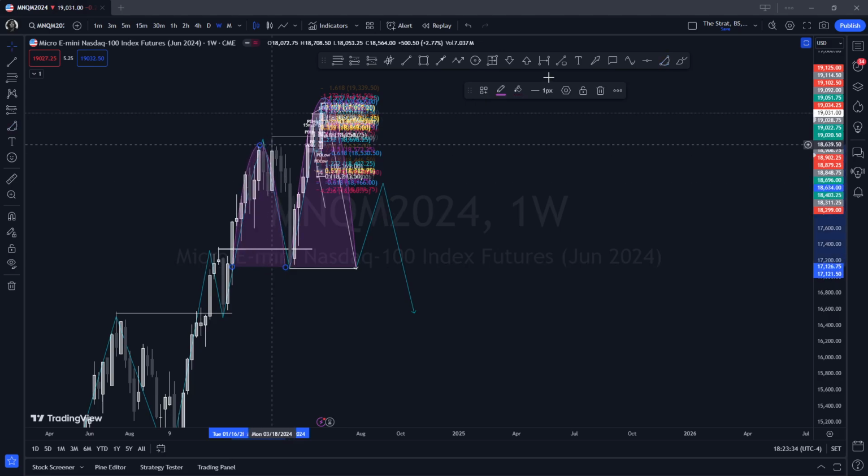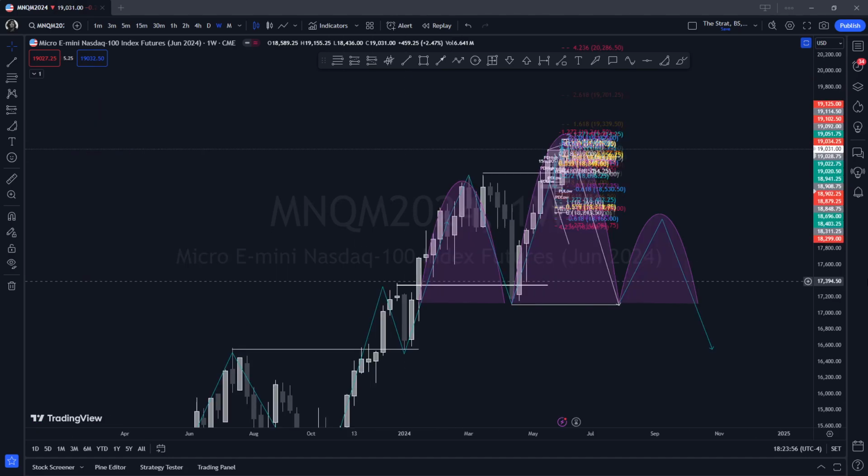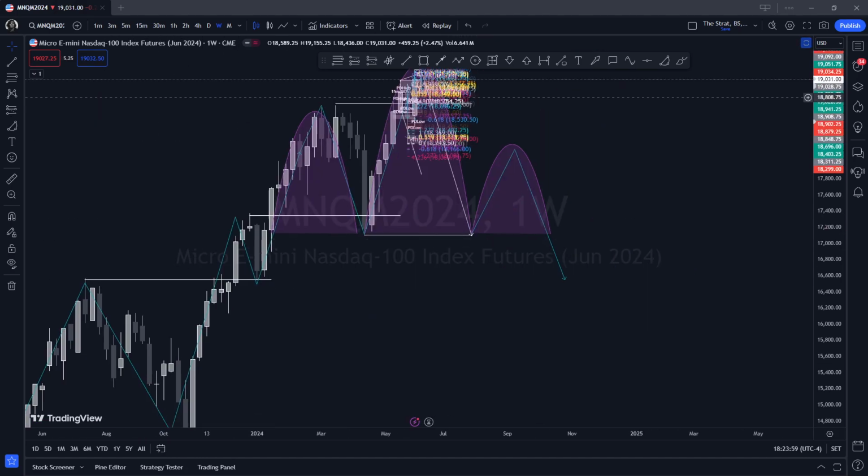So this could also be a scenario right here. Oh, yeah, well, that one's kind of messed up, but yeah, you get the point. So that didn't happen. This has not played out yet, but this is a scenario.